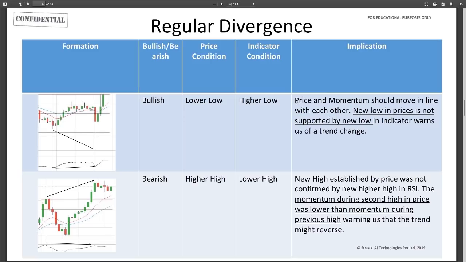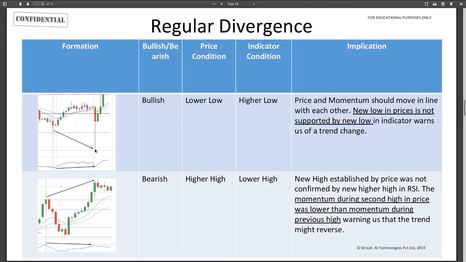Price and momentum should move in line with each other, which basically means that at the same time the indicator is showing something else and price is showing something else. So what does this imply? The new low in the price is not supported by the indicator's low.